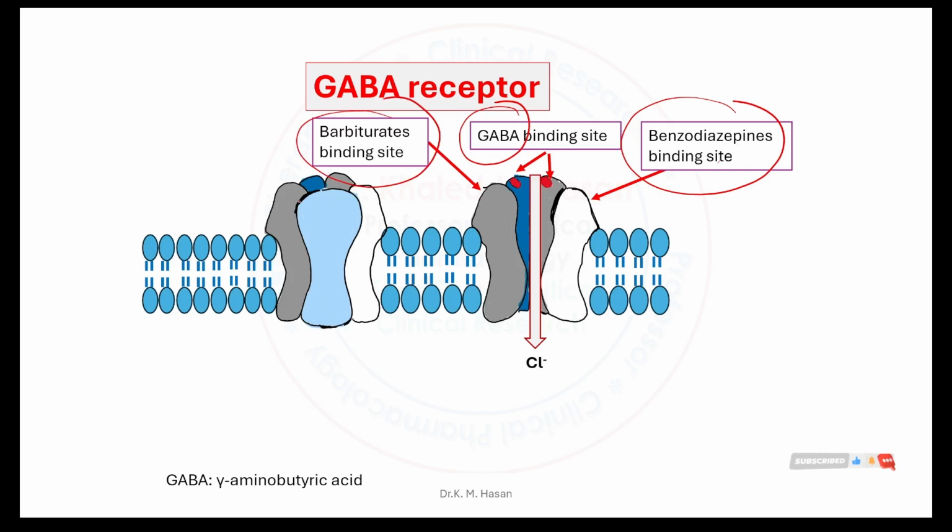So the end result from this activation will be the opening of the chloride channel. Opening the chloride channel will lead to hyperpolarization. Hyperpolarization means relaxation of the cells. If this happens in the brain, the result will be hypnosis, induced sleeping, relief of anxiety, and induced skeletal muscle relaxation.